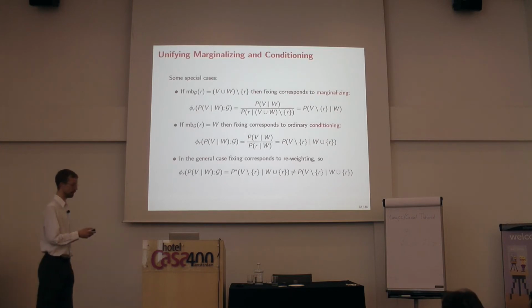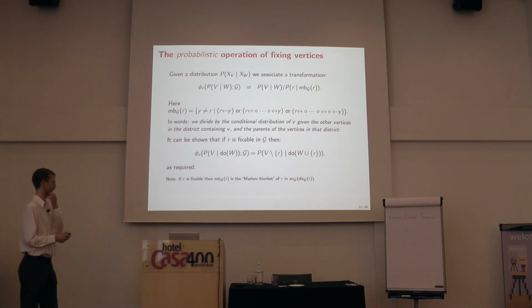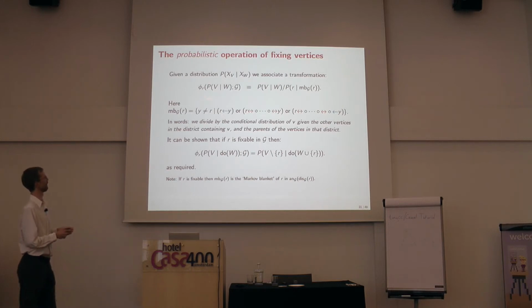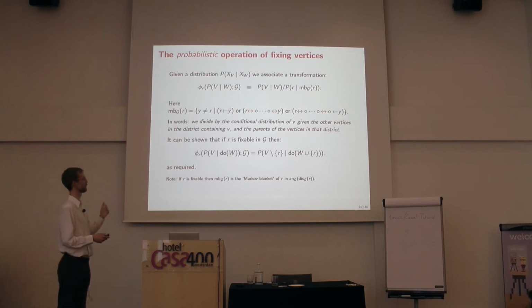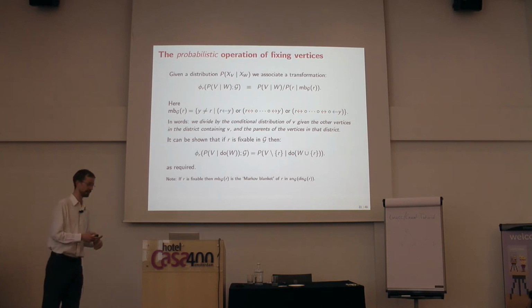An interesting thing about this operation, dividing by R given this set of vertices down here, is that in special cases it corresponds to both marginalizing and what's sometimes called truncating and dividing by.